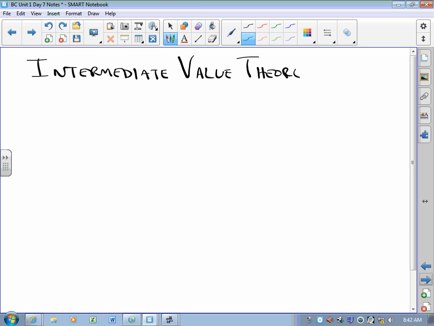Aside from the fact that you're going to have to answer questions about the definition of continuity on the test in May, one of the largest upsides of continuity is this idea called the intermediate value theorem, and it sounds like this.